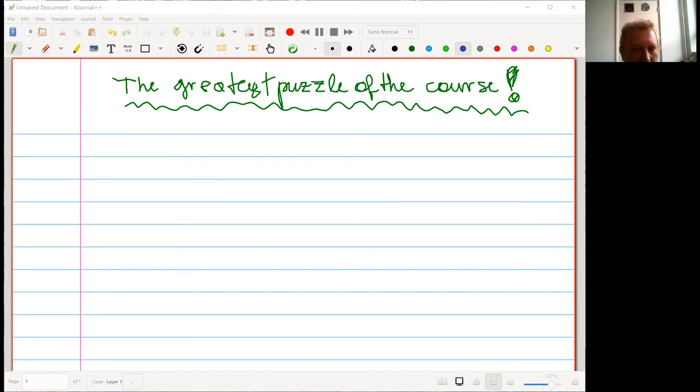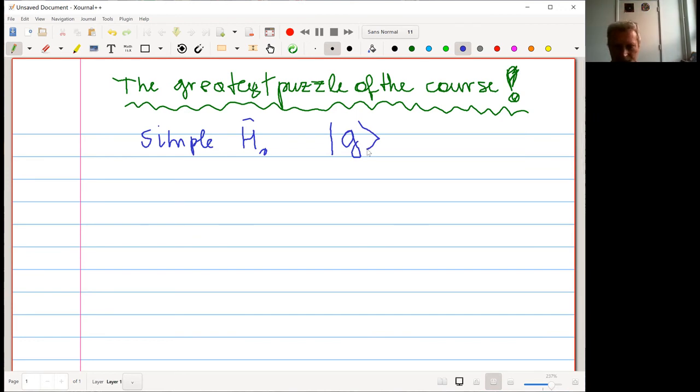What does it mean? It means that we have some simple Hamiltonian, let's call it H naught. That Hamiltonian has some ground state. And this situation is perturbed by a Hamiltonian, let me call it HP.